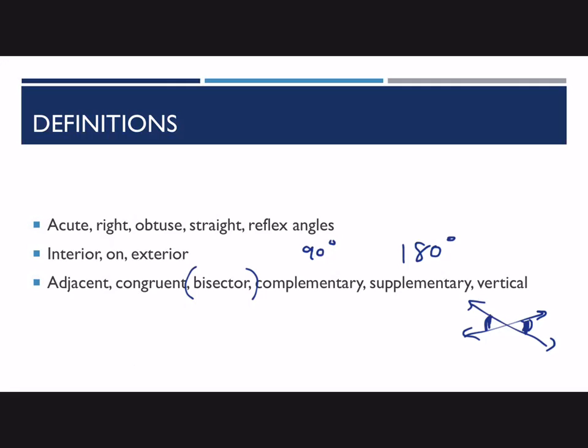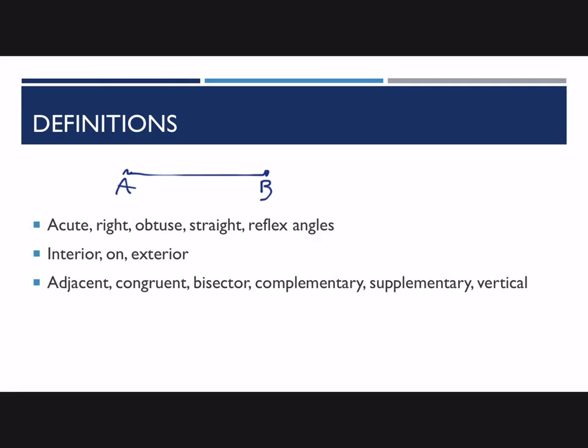And then a bisector is anything that divides something in half. We can have a segment bisector or an angle bisector. For a segment, this is segment AB. We didn't define this yet, but we'll get to it soon. The midpoint is just the point at the exact middle of the line. So a bisector would be either a line, a line segment, or a ray that goes through that point.